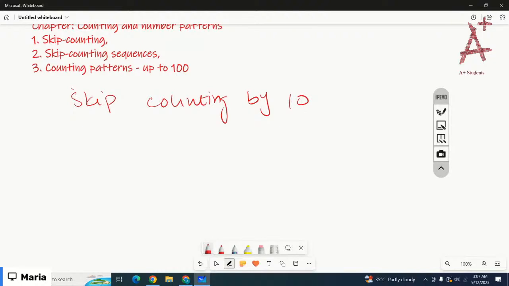It's okay if you are late. We are just working on skip counting. So what is skip counting? Skip counting is a technique in which you skip the same number every time to get the next number, right? So anyone who is going to answer, what is skip counting by 10?